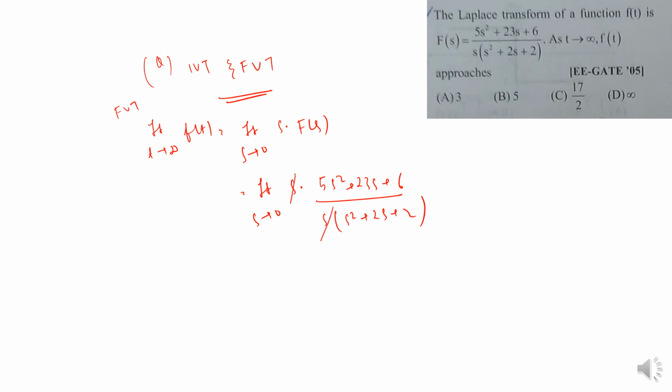Now s cancels. Applying the limit, the s terms become 0. What is remaining? 6 by 2 is 3. Therefore the final value is 3. Option A.